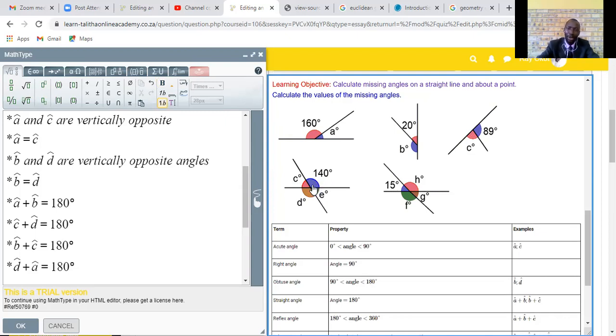Now notice that angle 140 degrees is indicated with this blue, and it is vertically opposite to angle D. By which property? Well, by this property here, or this other property. They are vertically opposite, and also they are equal to each other.